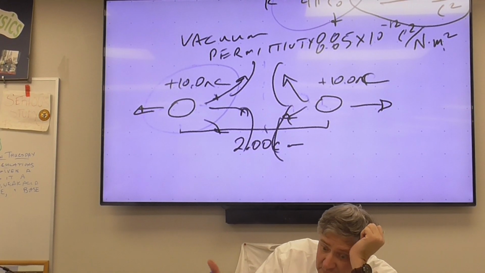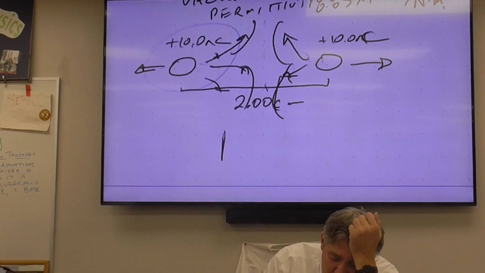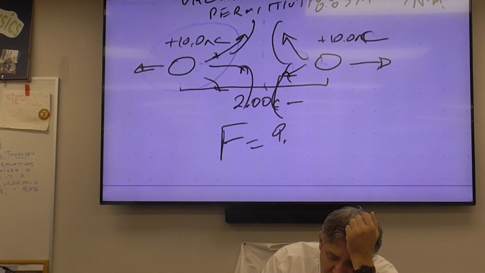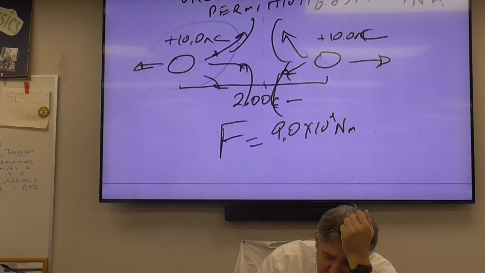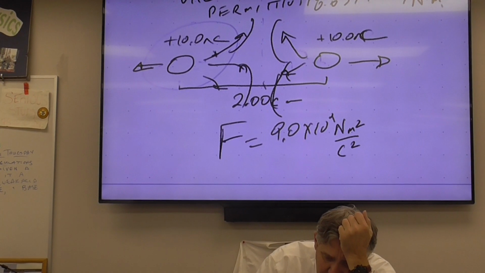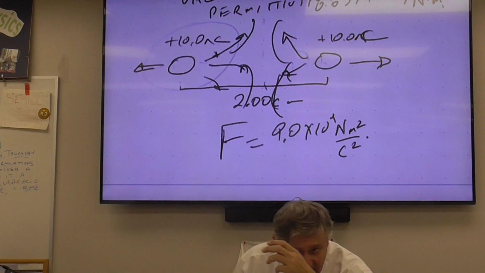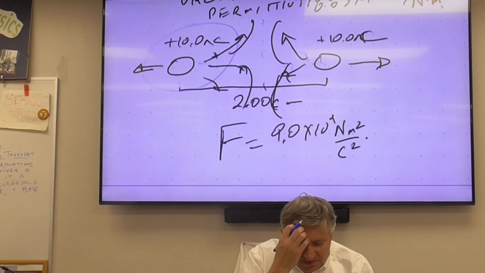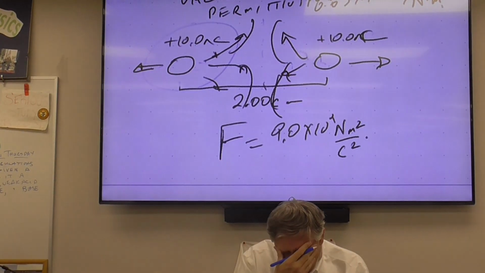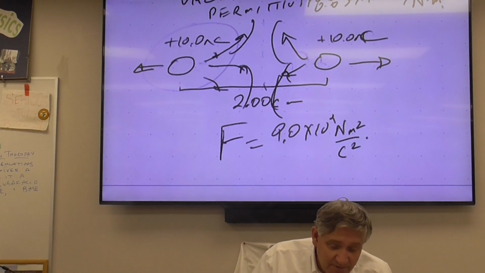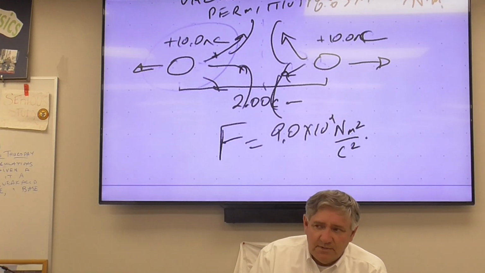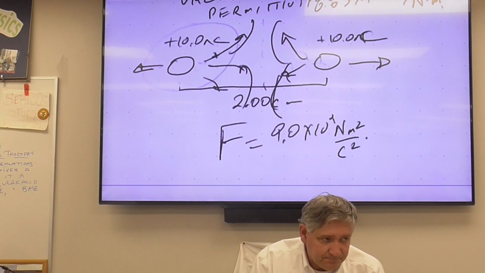So if you wanted to calculate the value of that force, you've got 9.0 times 10 to the 9th newton meters squared over coulombs squared. Now, you have 10 nanocoulombs. Nano is probably the most common prefix, especially when you deal with electricity. So nano means 10 to the what?